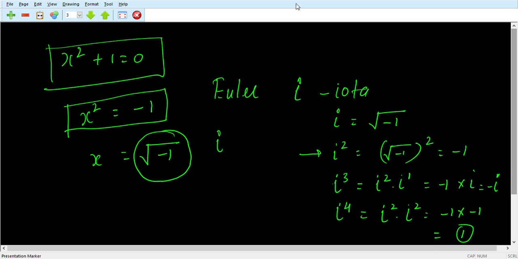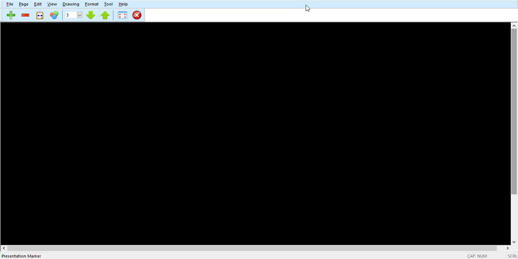So I have listed something. What I told you is, if you have an equation x square plus 1 is equal to 0, the value of x will be under root minus 1, which is not possible in the case of real numbers. So Euler symbolized this expression with a Greek letter, iota.